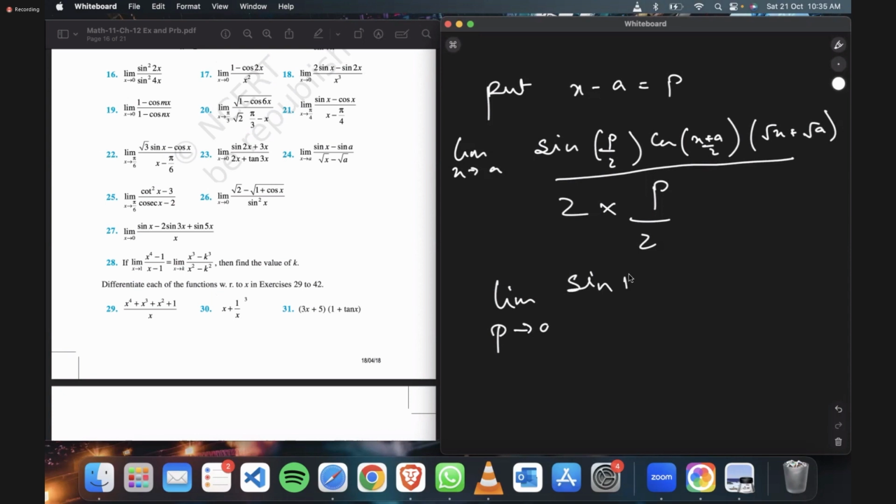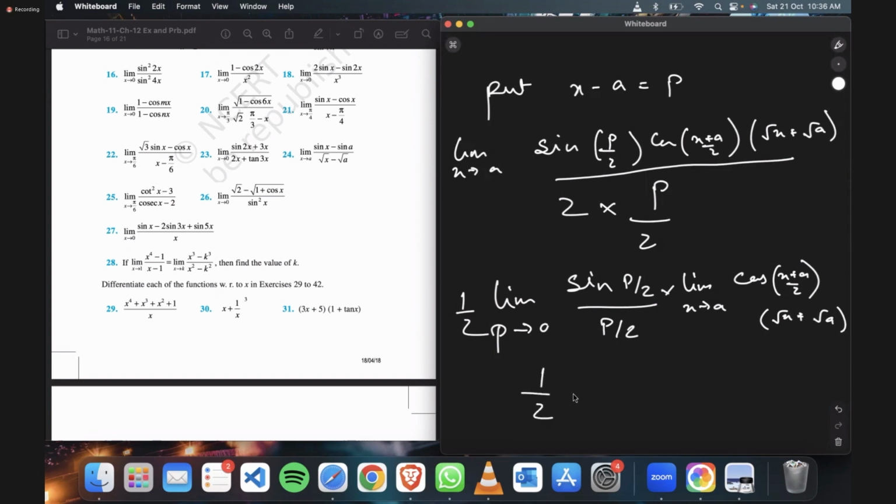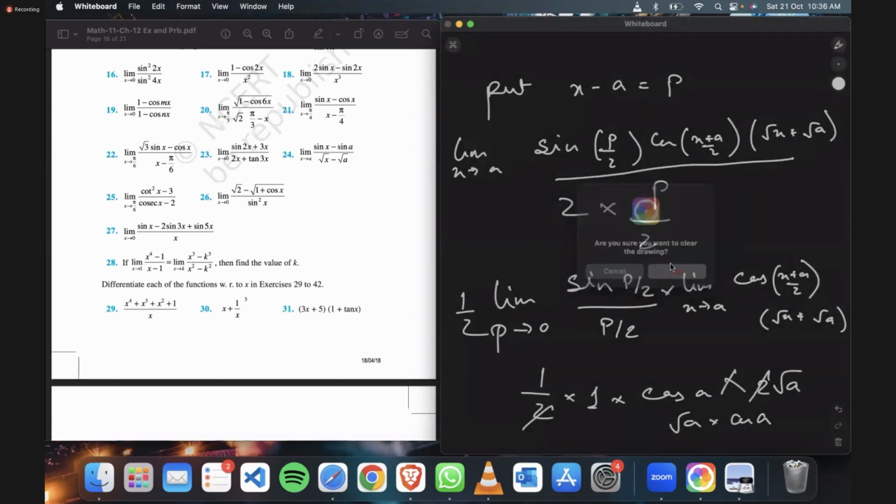And I have sine p by 2 divided by p by 2, and I have a 1 by 2 as well, into my limit x is tending to a, and further I have cos of (x plus a) by 2 multiplied with, okay, so this will give me a 1, and what will this give me? 2a by 2, so cos a, and product 2 times under root a. So 2 and 2 will get cancelled out. Under root a times cos a will be my answer for this problem, right?